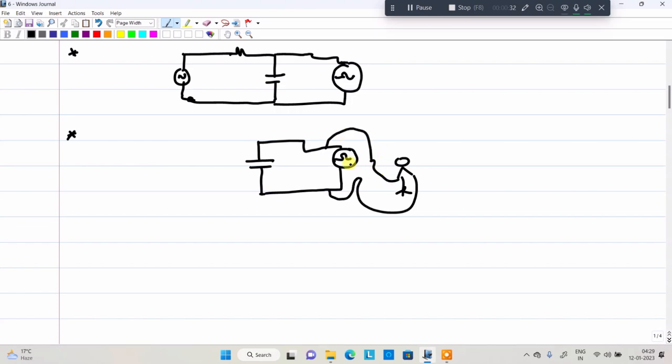If the fingers are touching the wire, the person's resistance comes in parallel with the capacitor, and the value we get decreases. That means while you are measuring, don't touch the terminals of the ohmmeter or the terminals of the capacitor. That is the fourth point you need to remember.